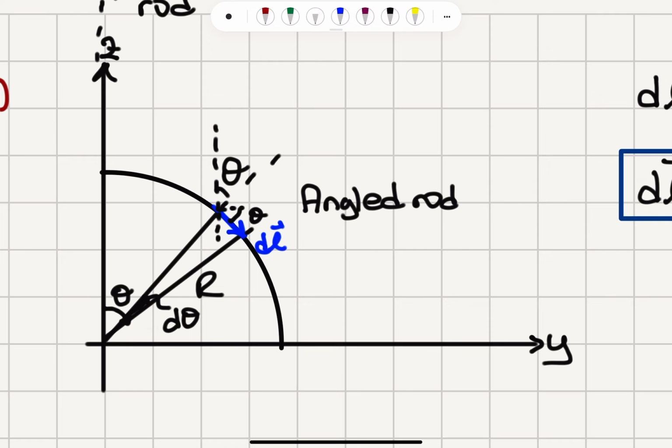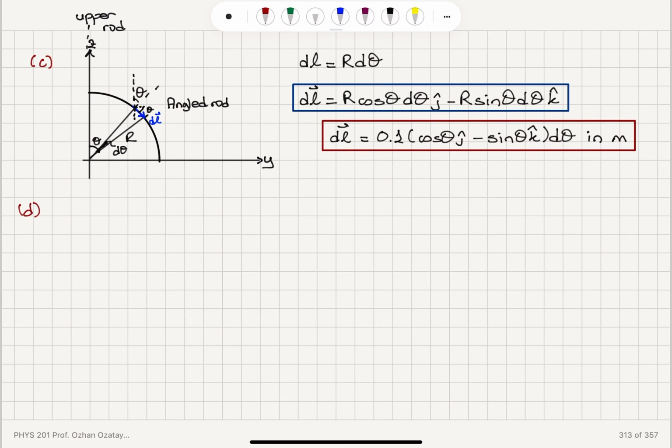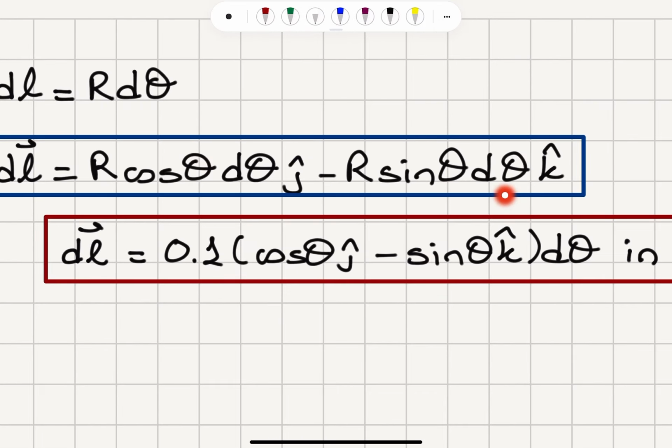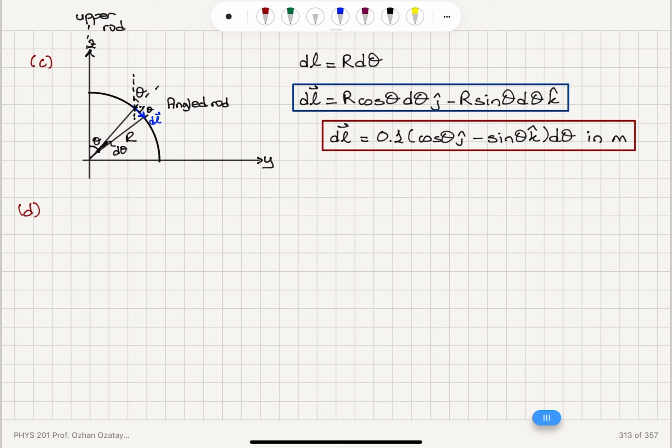But since dl is a tangential vector, it has to make an angle of 90 degrees with the radial axis. So if this is 90 minus theta, this angle is theta. So we have dl cos theta and minus dl sine theta as the components. Since capital R is 0.1 meters, we find this final answer for the line element.